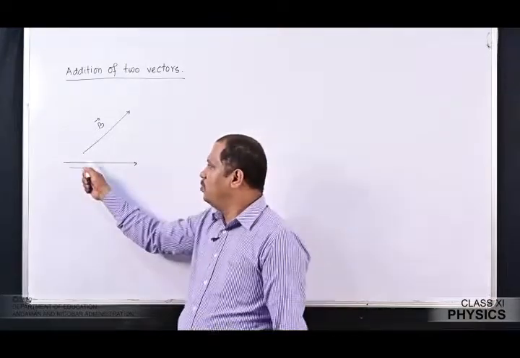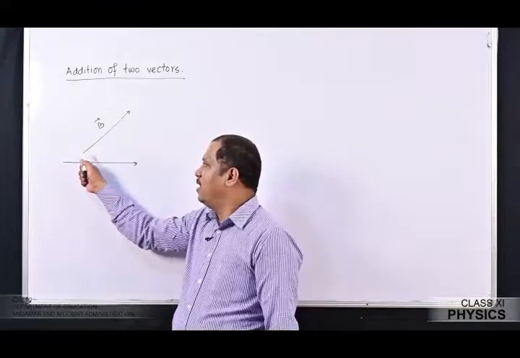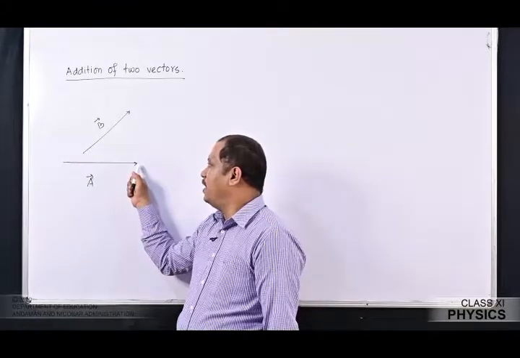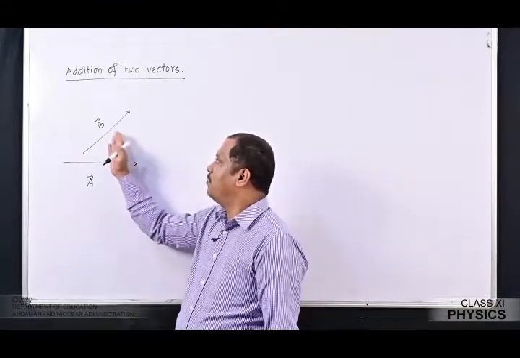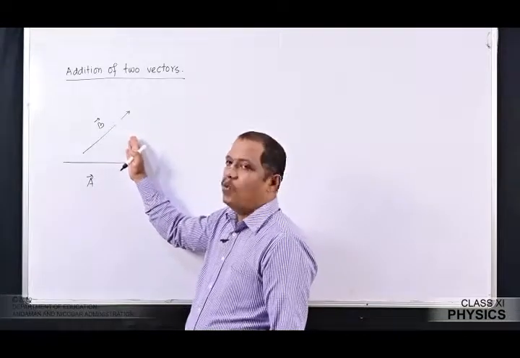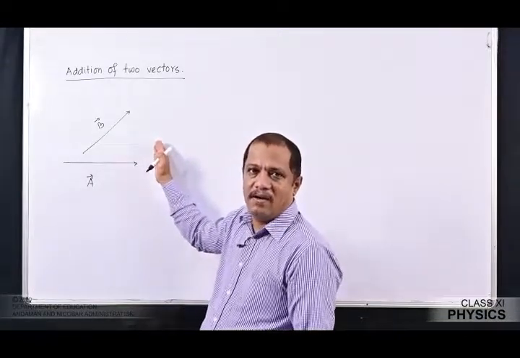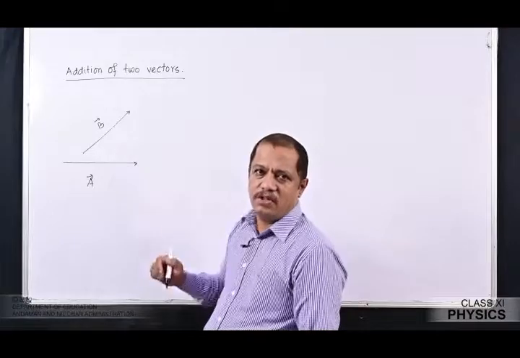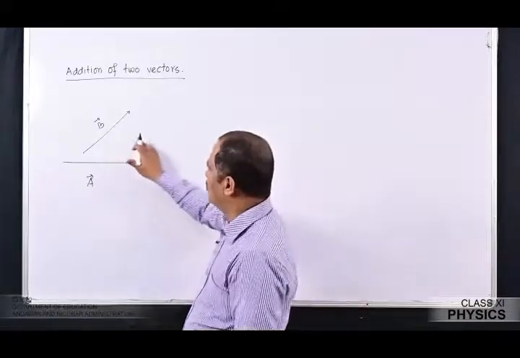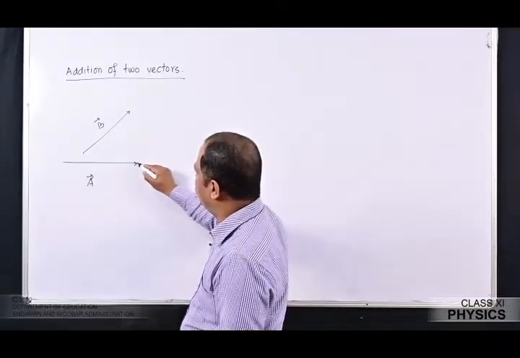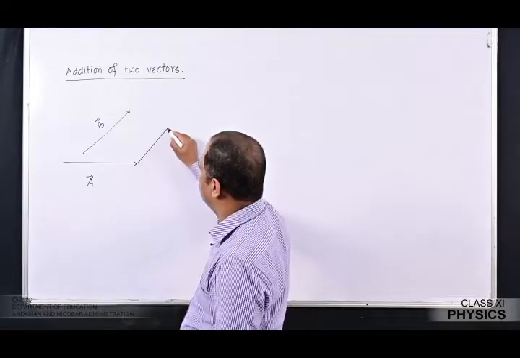When I need to coincide the tail of a vector with the head of the other vector, I have the freedom to shift one vector in a parallel manner to any position. So let me shift this vector over this way.